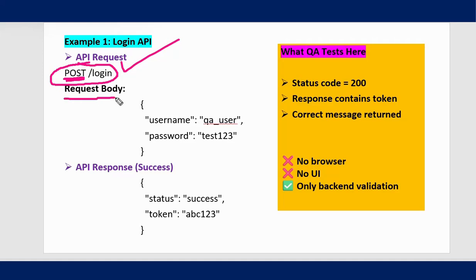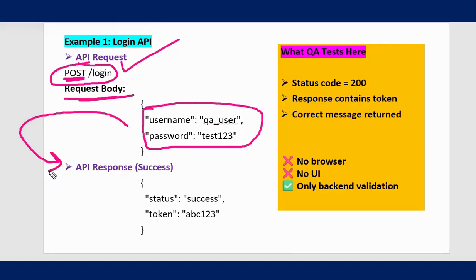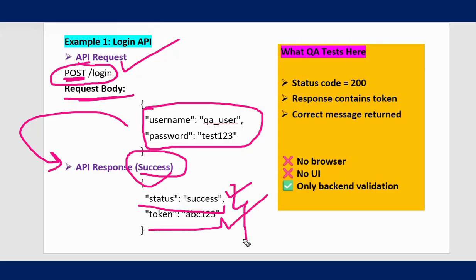For that, we need to send a request body, and here, for example, we are sending username and password. And in return, we got the API response, a successful response, where status is success and token is ABC123, just for example.